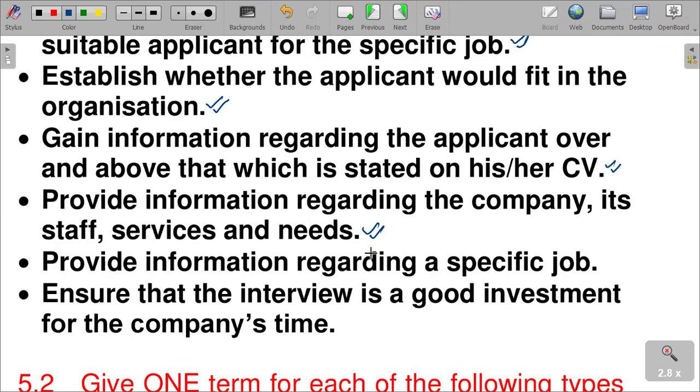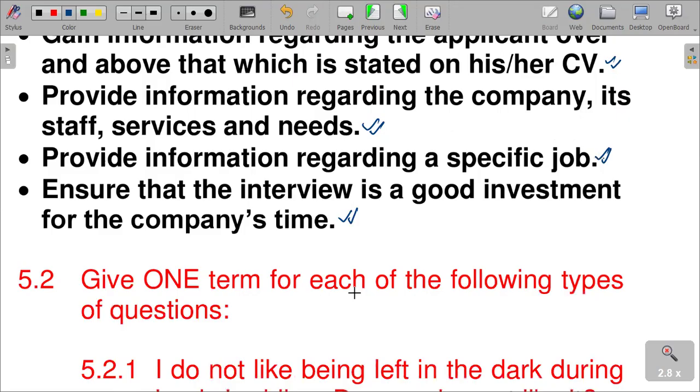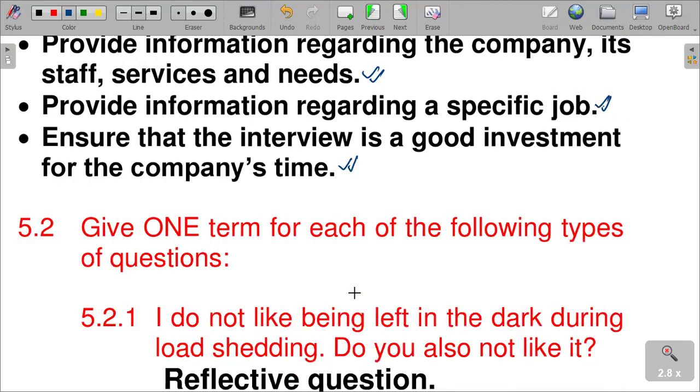Also provide information regarding the specific job, what the job entails, job requirements, and job specification. Ensure that the interview is a good investment for the company's time. Hiring is not easy, so it is important.